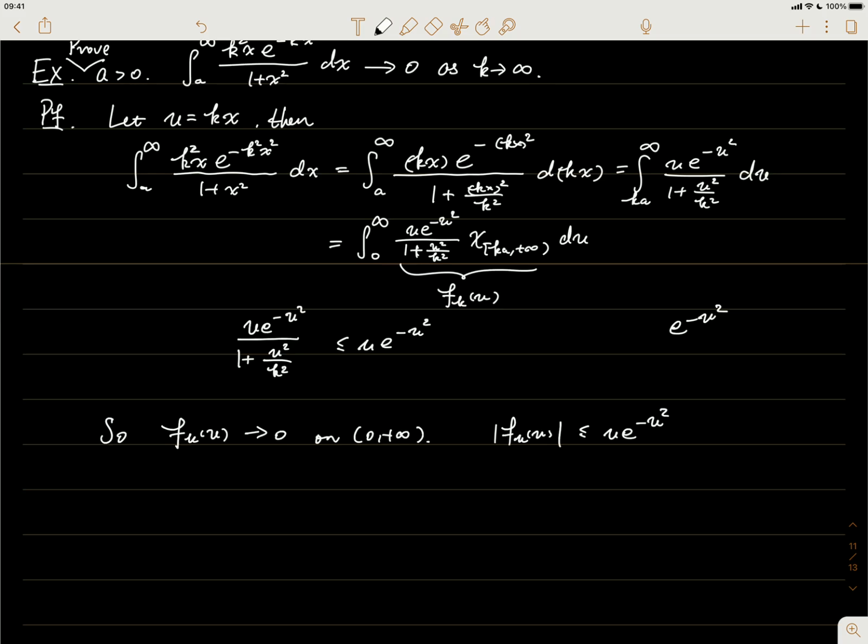We can actually compute the integral of this right-hand side, because the integral of u e to the negative u squared du, you can easily show that this is just negative 1/2 e to the negative u squared, from 0 to positive infinity, and this is actually bounded, right? Okay, so it's an integrable function.